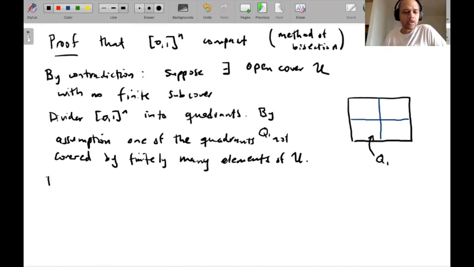And now anything you can do once, you can do infinitely many times. So we're going to repeat this. We start with Q1, and it has this open cover with no finite cover, and we can divide it into quadrants, and then find some Q2, which is smaller and has the same property. So we repeat to get nested closed rectangles.